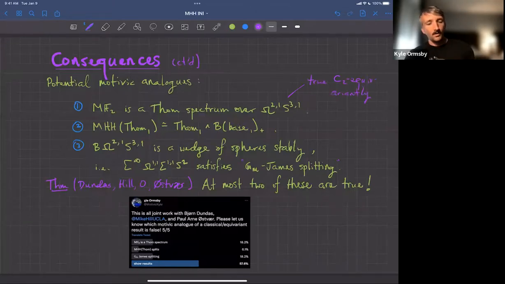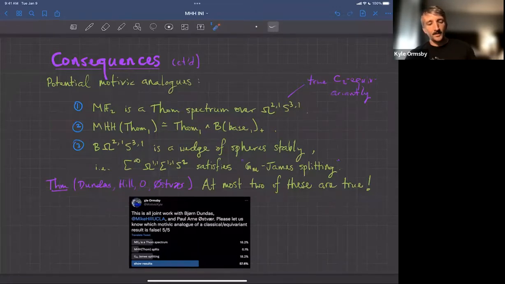Okay, what else could go wrong? It could be the case that we don't have this splitting for MHH of Thom spectra. I think this is the statement that's most likely to be true.